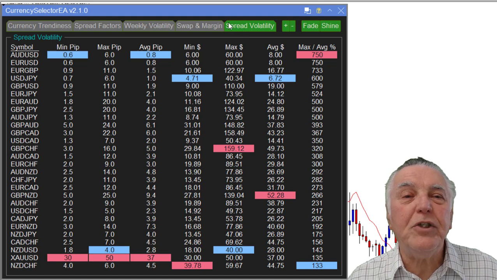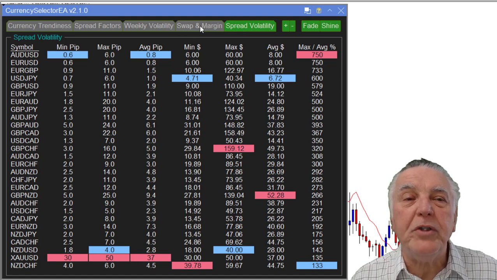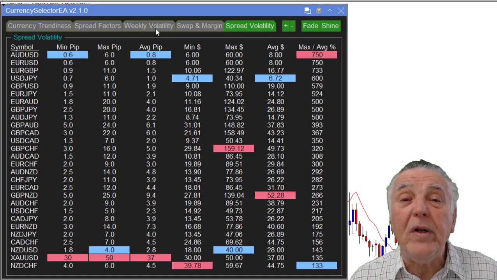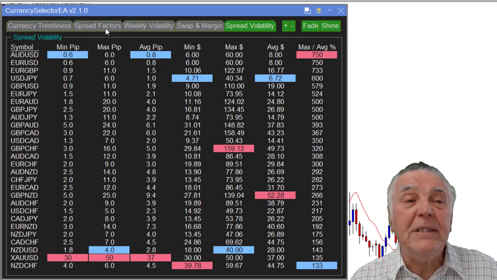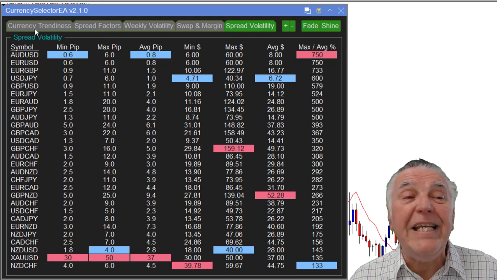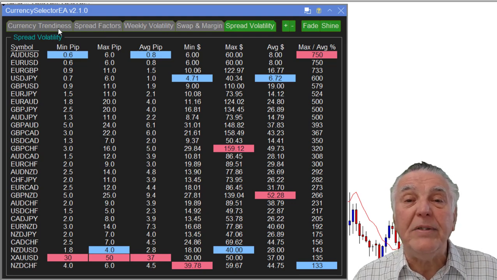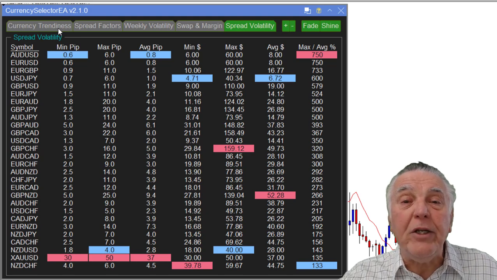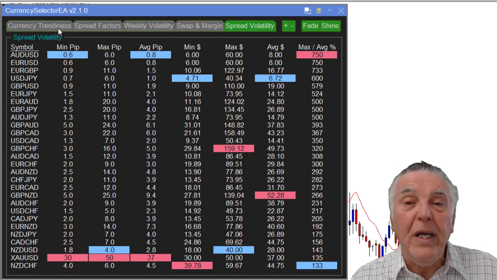Now, as you can see, this tool also looks at the swap and margin cost, the weekly volatility of the currencies, the spread factors, what the spread costs are, and also the trendiness of a particular currency. How much does it trend compared to the other currency? So the currency selector is a very valuable tool.